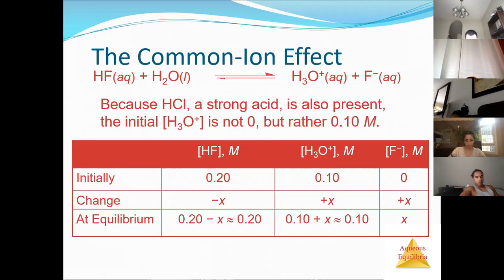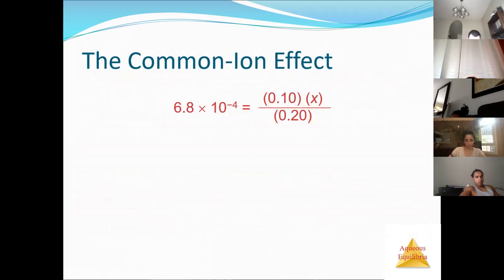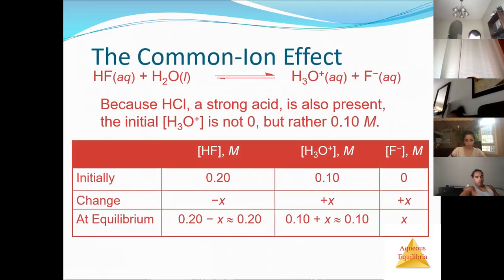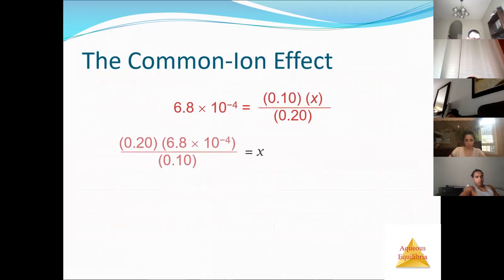So my equilibrium concentration of HF is 0.20 minus X, disregard X. My H3O+ is 0.10 plus X, disregard X. And my fluoride concentration is X. I plug that into my equilibrium expression, and I get 6.8 times 10 to the minus fourth equals my H3O+ concentration times my F- concentration divided by my HF concentration.